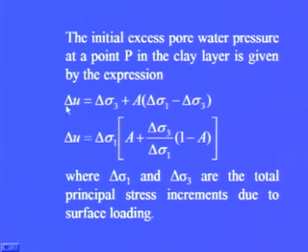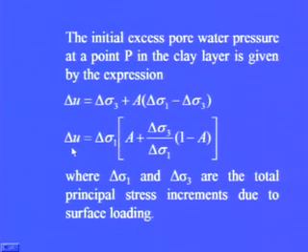It is the pore water pressure due to dissipation of which consolidation settlement takes place, and it is equal to the increase in the minor principal stress delta sigma 3 plus the pore pressure coefficient A multiplied by delta sigma 1 minus delta sigma 3, which we call the increase in the deviatoric stress.